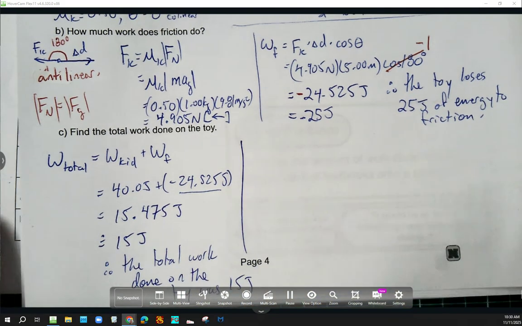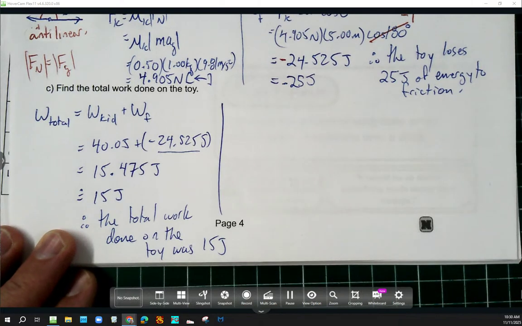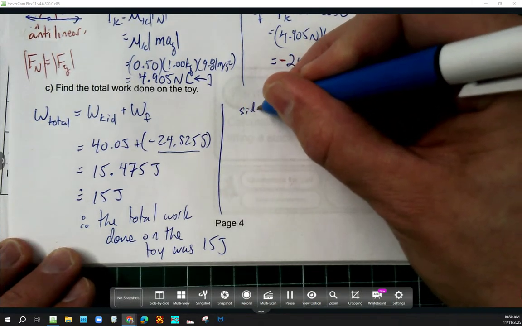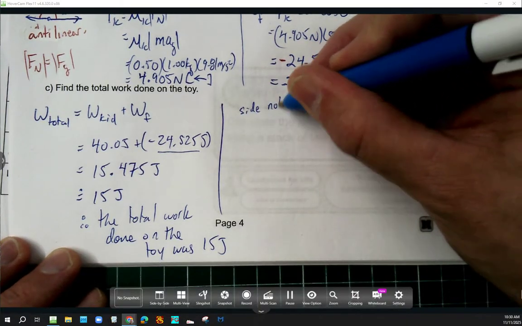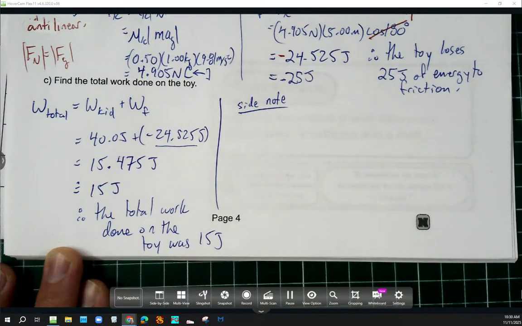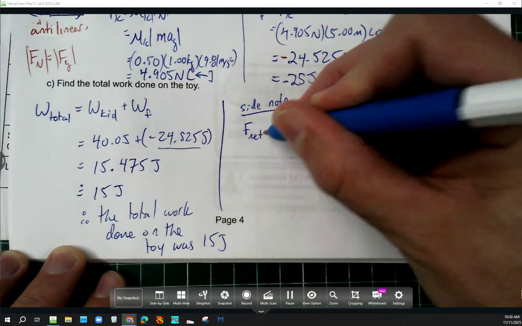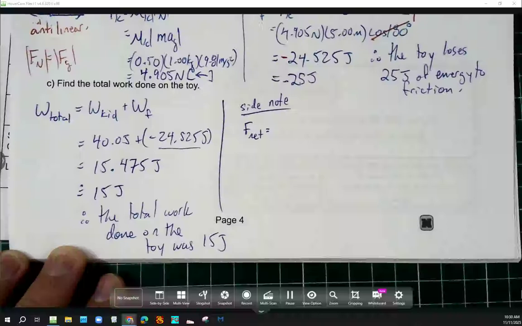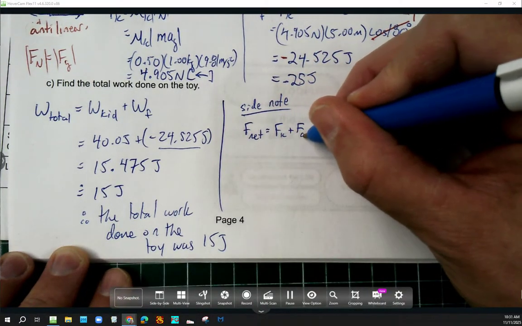But then there are other people who are so wrapped up in dynamics. Maybe this was on an exam question or something like that, so I'm just going to do a quick side note. Let's say there was a part A, B, C on a dynamics problem where you were calculating the F net in one of these preceding parts. So you would say F net was equal to Fk plus F applied.